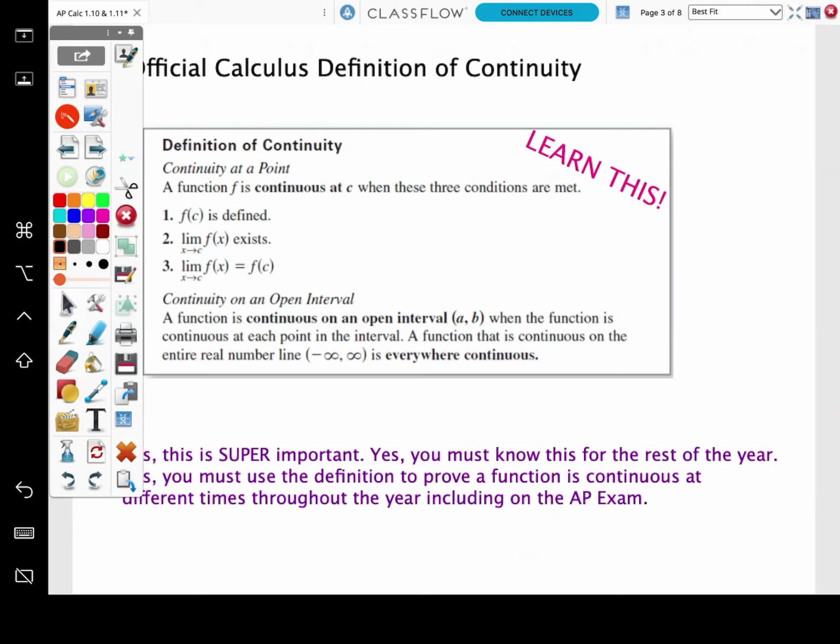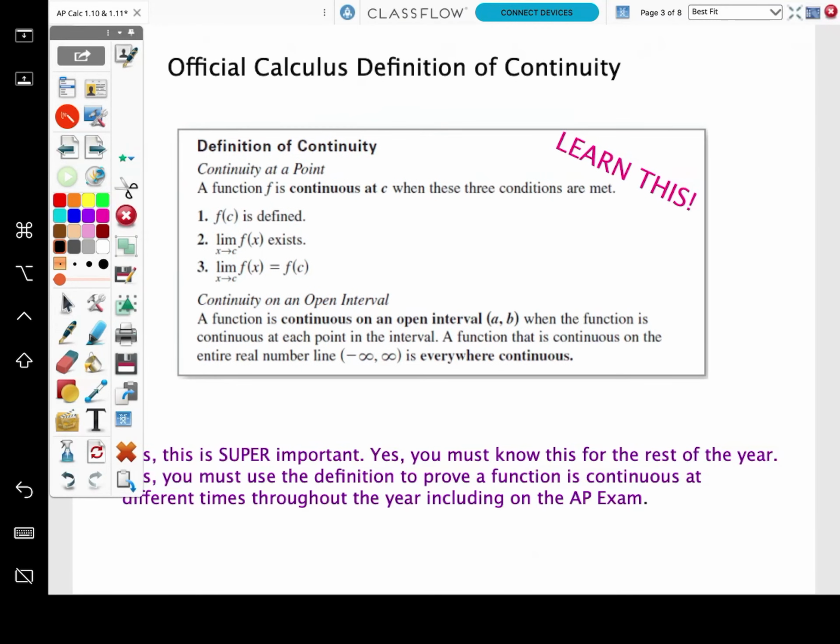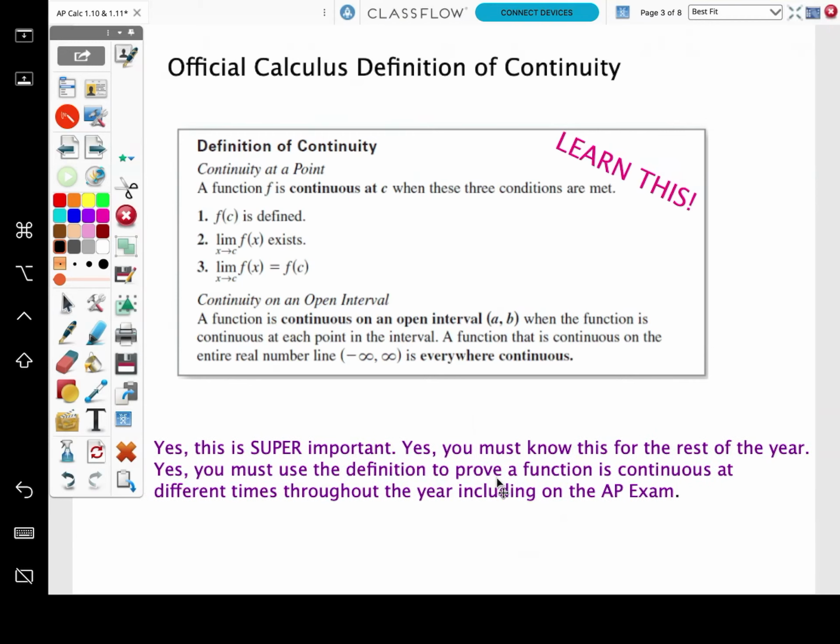Here a little more formally, because it is calculus and you should see formal definitions. Here is the formal definition of continuity for calculus. Notice it says continuity at a point. Most of the time you're going to look at a function and it's going to say determine whether it's continuous at a specific point, or you will know enough about the function where you can just determine what point you need to check out.